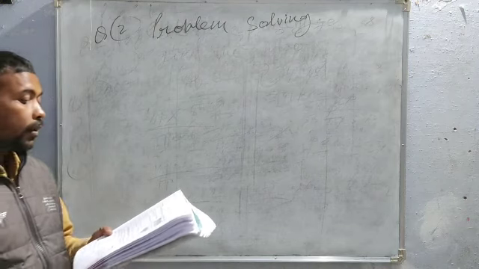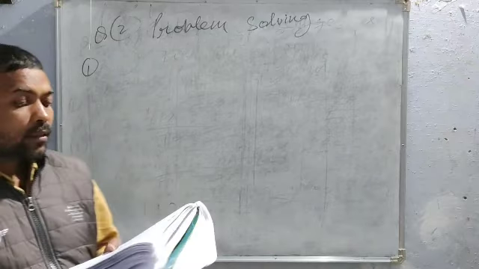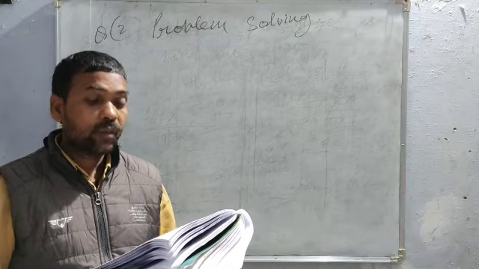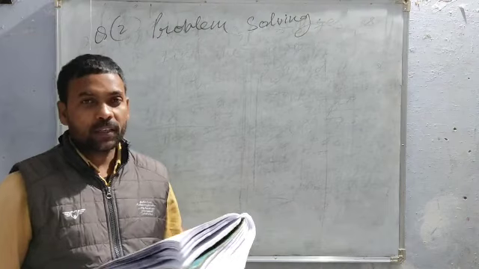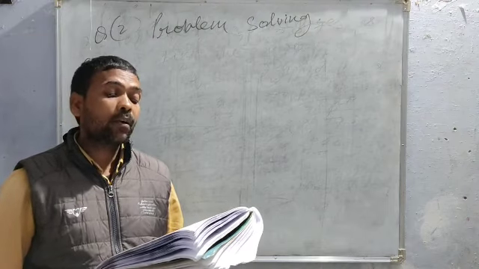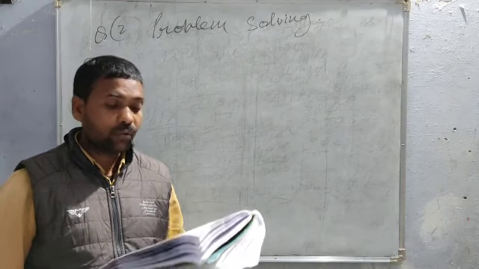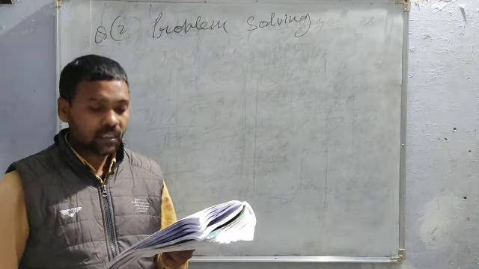First question here given: Tinu had 32 raffle tickets to sell. He sold 25% of them. 25 tickets not sold. 25% of 32 he had sold. We are asking how many raffle tickets did he sell.